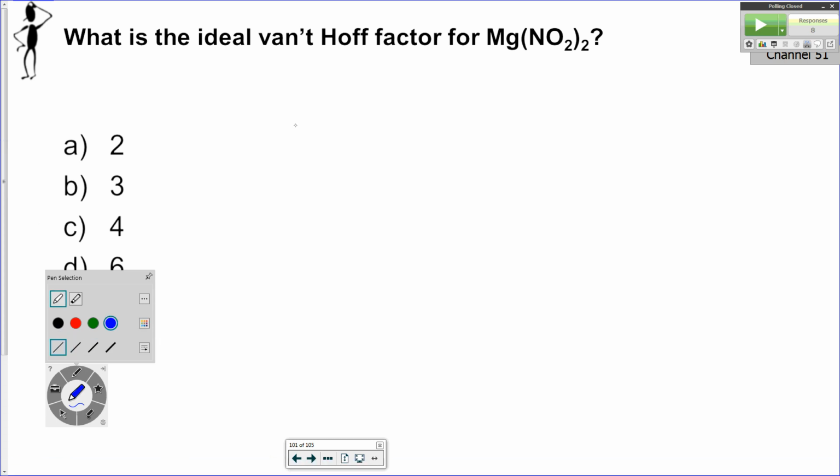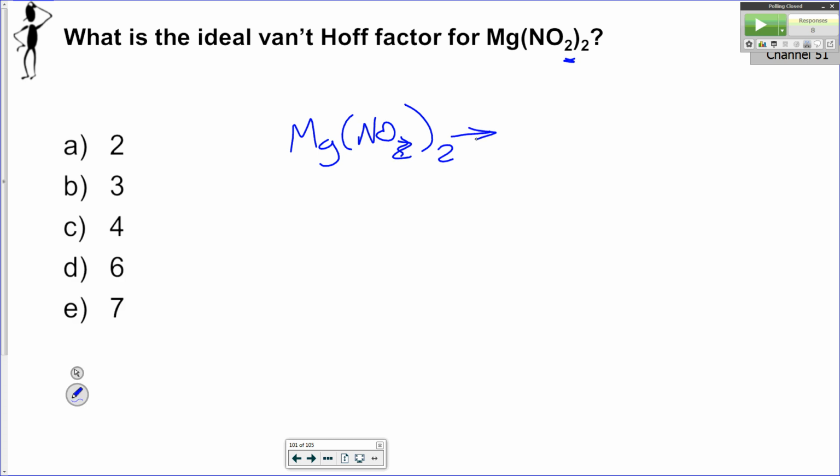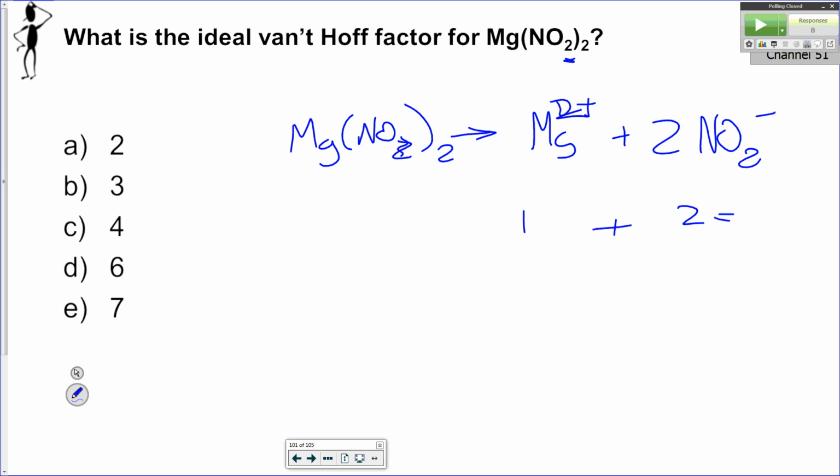So magnesium nitrate, or nitrite, NO2, when it dissociates, it produces the magnesium 2 plus and 2 of the nitrite, 2 minuses. 1 particle, 2 particles, i equals 3.